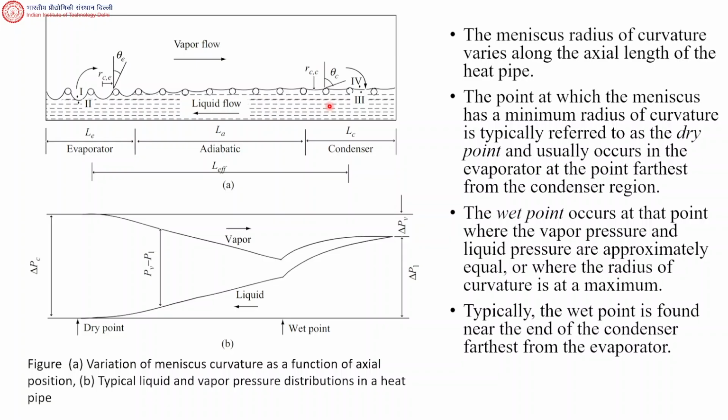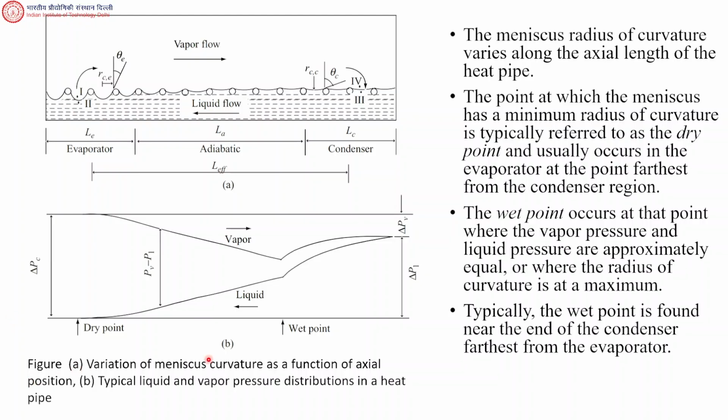This is the logic that we understood in the previous class. So if the vapor pressure and liquid pressure are kind of equal, then the radius of curvature is actually quite large, and curvature is really small. Okay? So the wet point is kind of in the condenser region, and the dry point is kind of in the evaporator region.